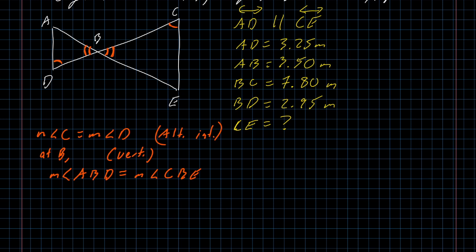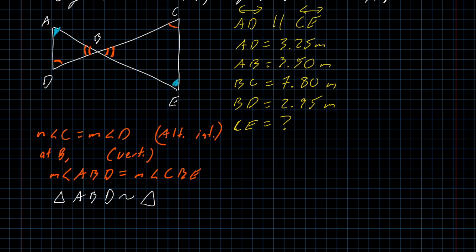And that's really all I need. I could make an argument with vertical angles again to get angles A and E matched up, but that's all I really need because I can now say that triangle ABD is similar to, and again, this is where I have to take the time to be careful.